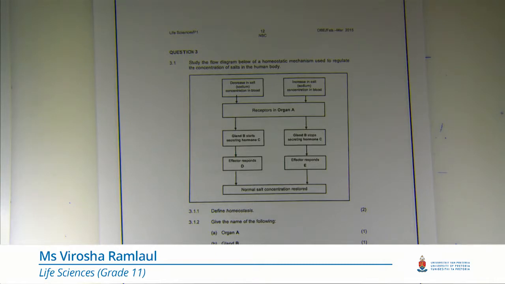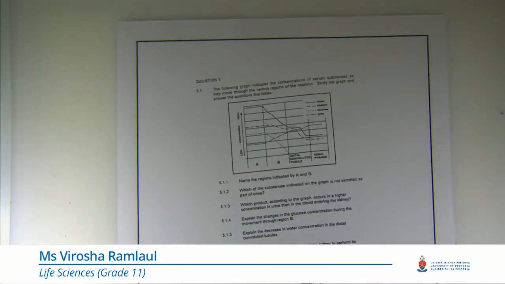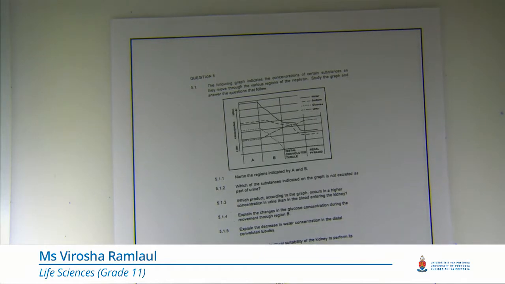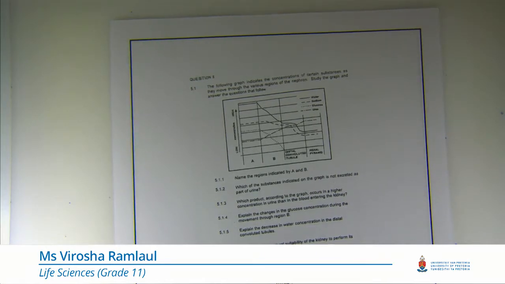Next question. As you look, February, March 2015. I want you to answer it quickly, 5 minutes. Only 7 marks, so it should take you 5 minutes. Answer on your own and then we will discuss. I will give you the answers.